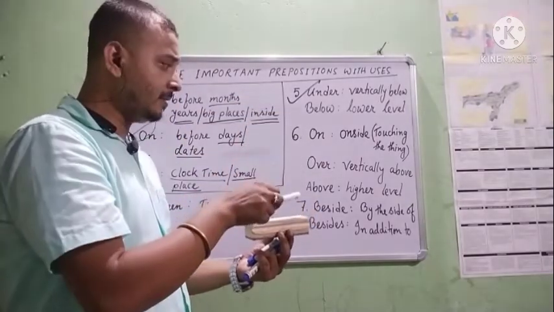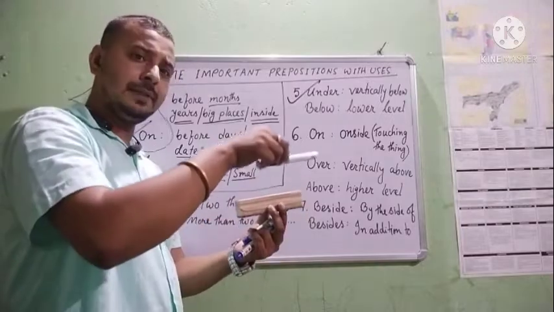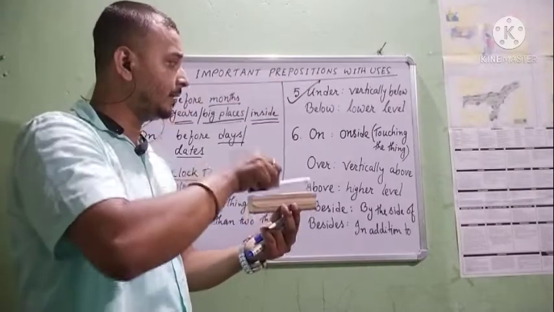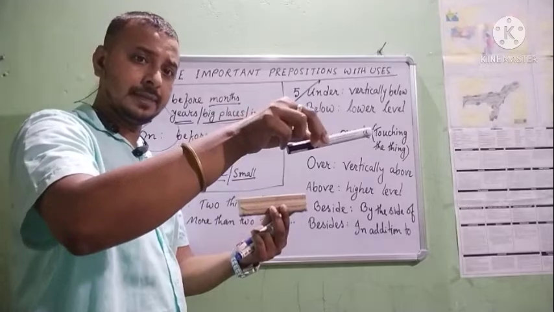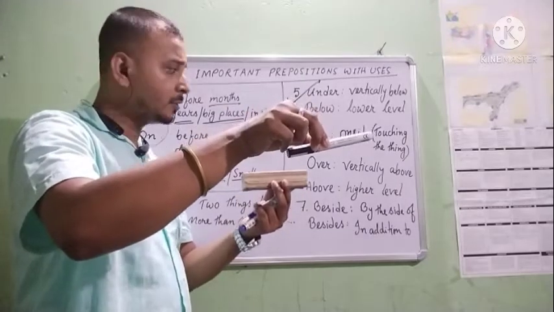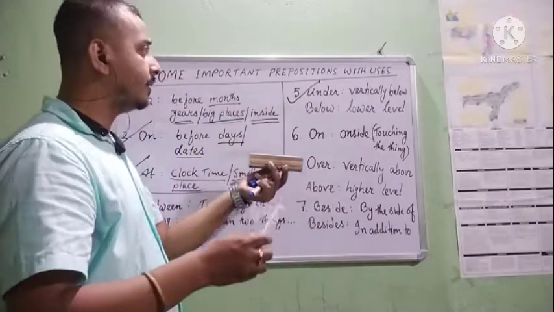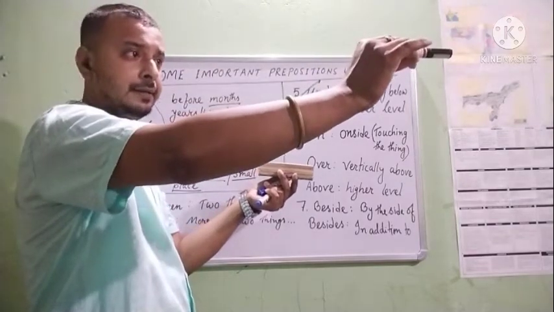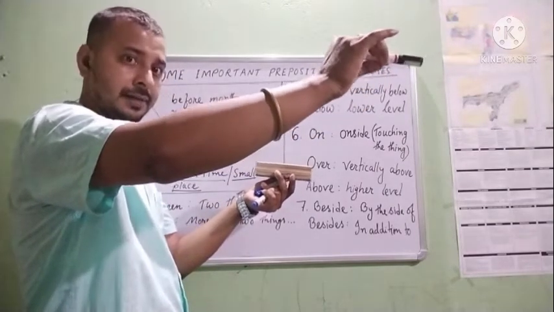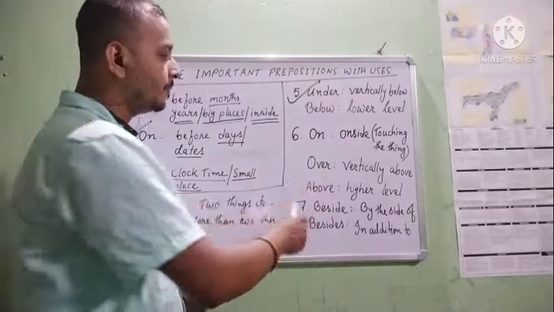And above means higher level. To a higher level means anywhere, not vertically. Vertically should be over, but if it is not over, it is somewhere like this, and the duster is this. So suppose the duster is here and the marker is on another point like here, but higher, but upper, then it is called above.